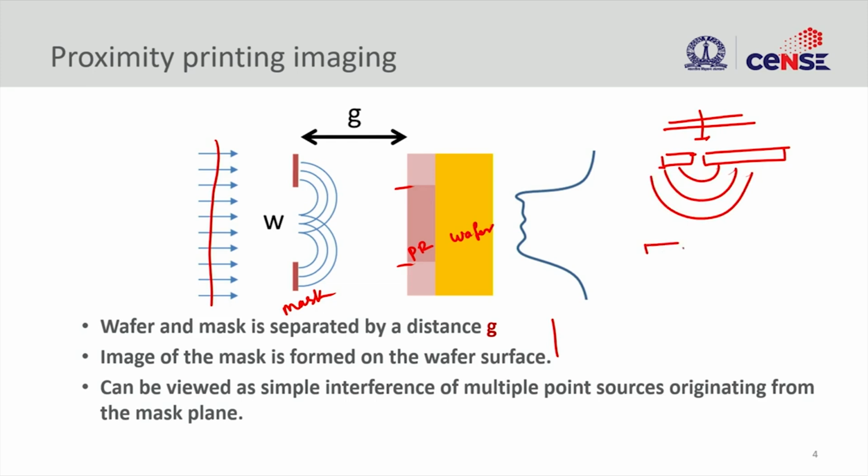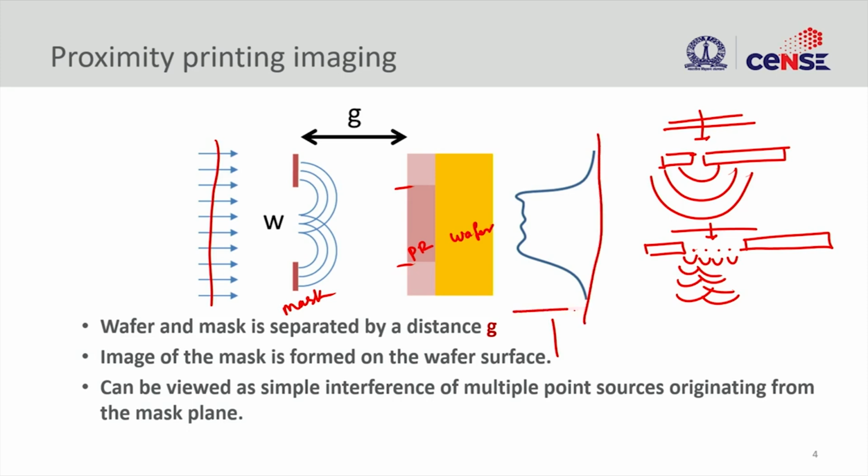So, if I increase this gap, you can say there are n number of isolated sources, and each source is going to illuminate, if the illumination is plane wave, and they will all try to propagate, and then they will try to interfere. So, what you see at the end, the profile at the left, is nothing but your optical intensity that is falling onto this photoresist.